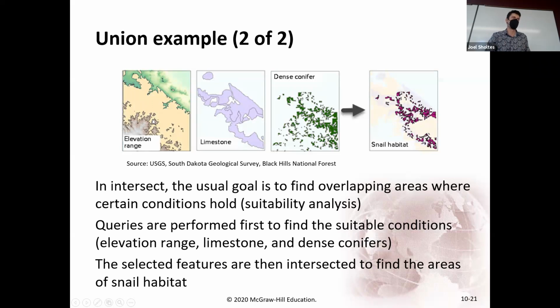So we had a suitable elevation range. That was a polygon right here, so somewhere above this and somewhere below this. We had limestone, which is where the soils are for this particular snail. And then we had dense conifer land cover. And all those were brought together to identify where snails can exist. So we brought three together in this case.